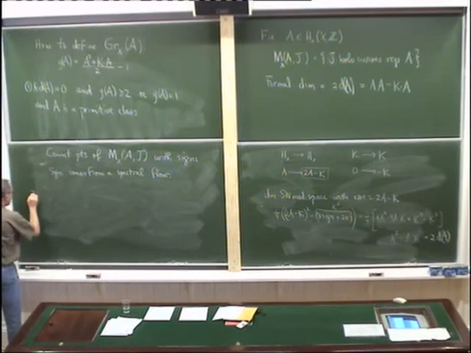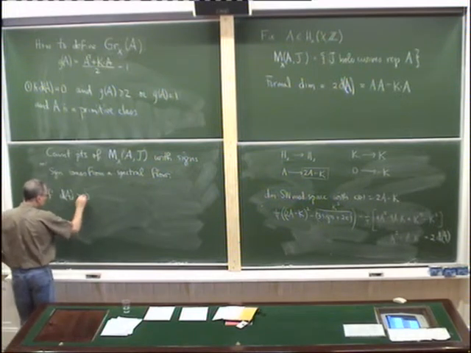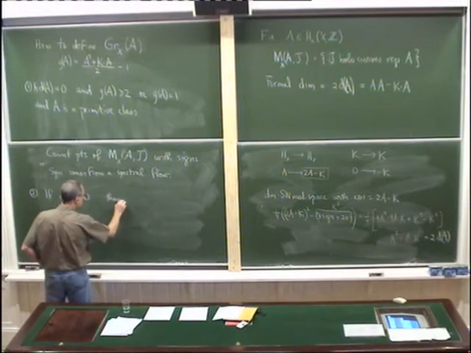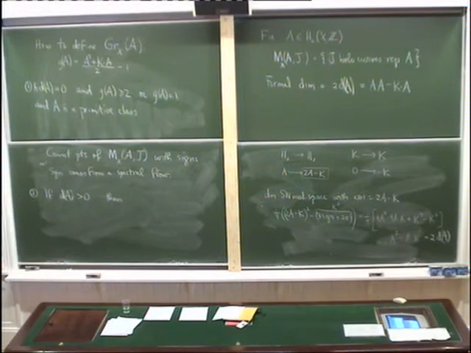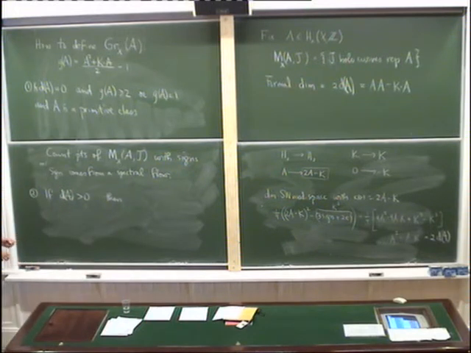Okay, so now what if d(A) is positive? If d(A) is greater than 0, then your moduli space is an even dimensional compact manifold of dimension 2d(A). And so what you do is you pick d(A) points in your manifold and demand that your holomorphic curve run through those points.